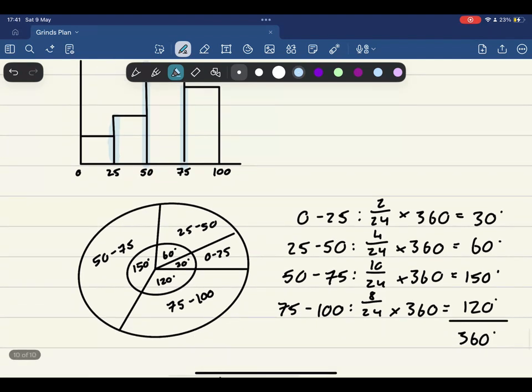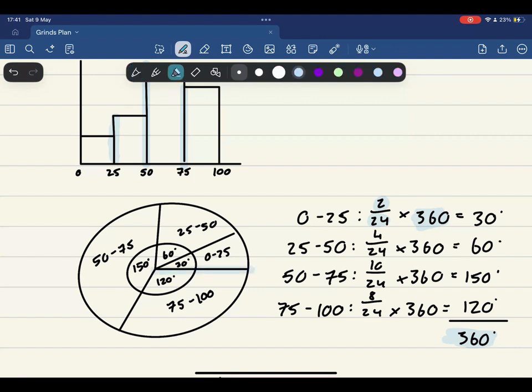For a pie chart, all we do is take the number of students in, say, the 0 to 25 bracket, put it over the total number of students and multiply it by 360. That'll give us 30 degrees. Do that for the rest of them and then make sure it all adds up to 360 degrees to make sure you're right. When you're laying it out, you do your first horizontal line, so this line here.